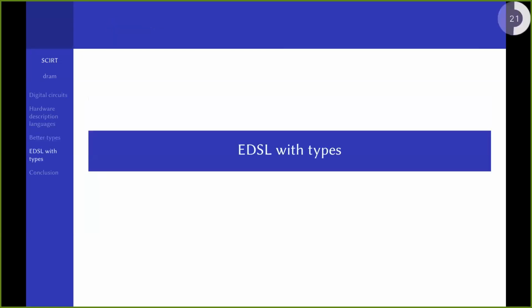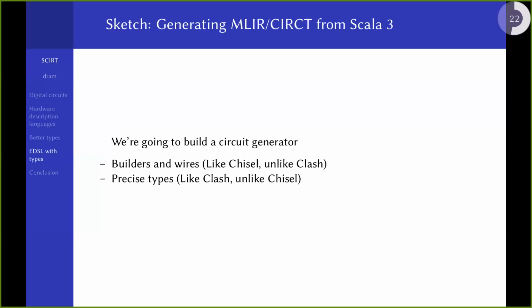So now with this, we're going to create an EDSL with types, which will be our circuit generator. We are going to generate MLIR code from Scala 3 using the circuit dialects, and it will be quite closely inspired by Chisel, but it's nowhere near as complete, and it won't be that easy to integrate with Chisel, since I think it hasn't been ported to Scala 3 yet.